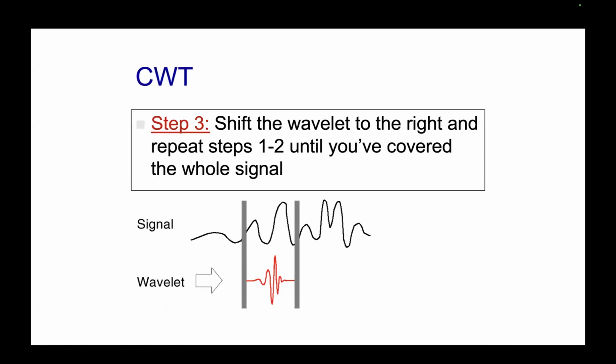Now you shift the wavelet to the right and repeat the above two steps until you have covered the whole signal. So from here we come to this part of the signal. We calculate this number C by multiplying these two signals and adding up all the values. Then again, we shift the wavelet to the next part of the signal, and we again compute the C for that part.